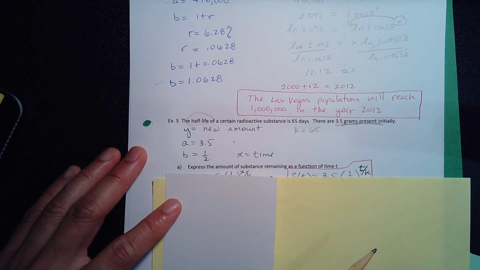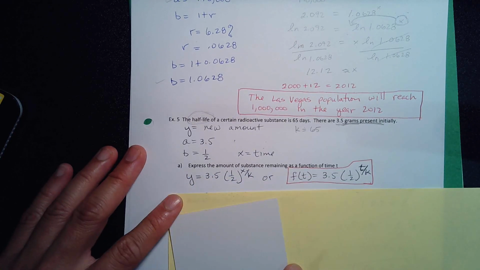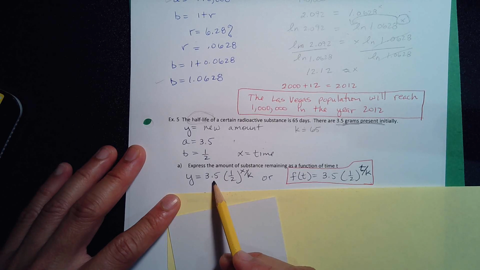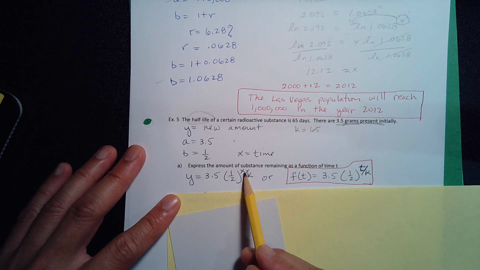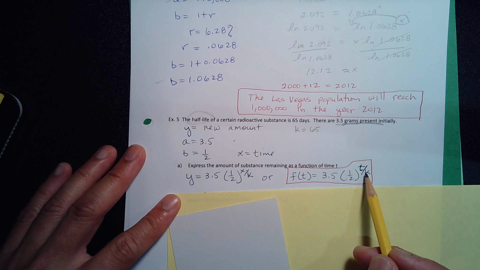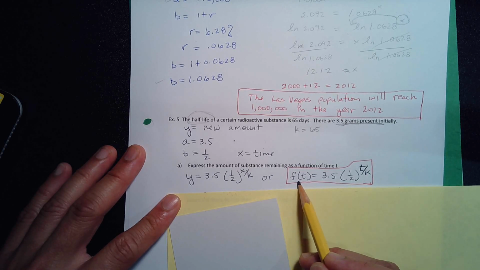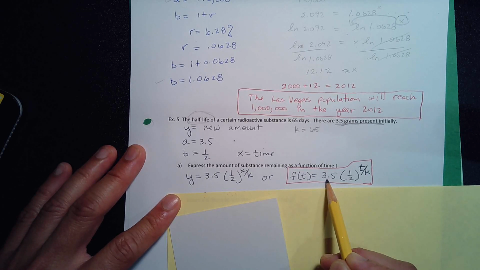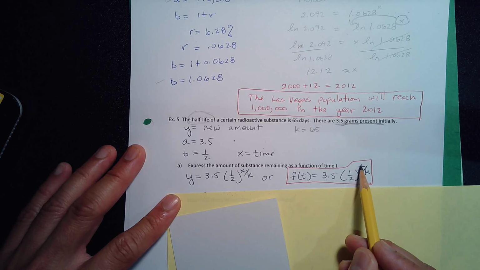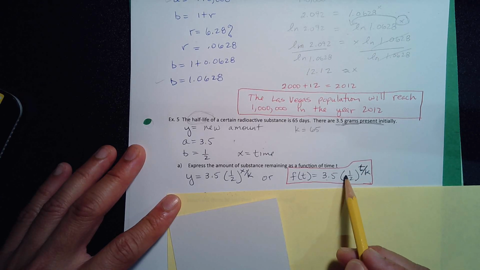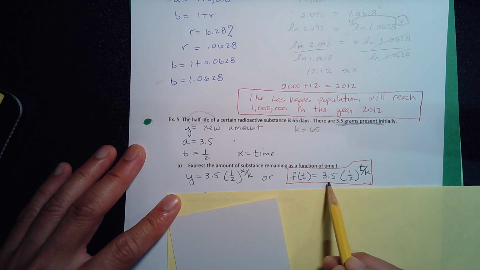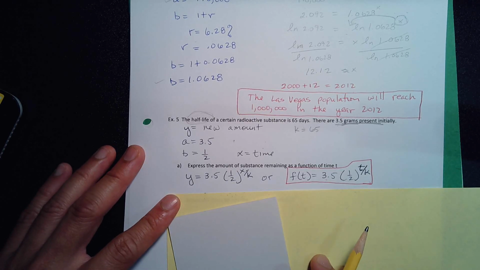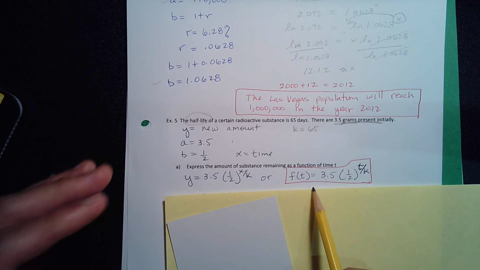So this is what we do. Y equals 3.5 times 1/2 to the x over k, but since they want it as a function of time, f of t equals 3.5 times 1/2 to the t over k. Remember, this is our base, that's the initial amount. So in example 5a, that's all they wanted.